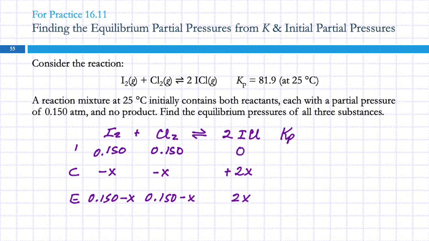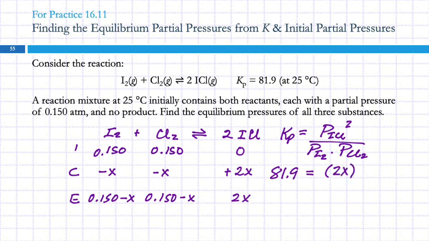So here Kp is equal to the pressure of ICl squared over the pressure of I2 times the pressure of Cl2. So 81.9 is equal to the quantity 2x squared divided by 0.150 minus x, the quantity squared.